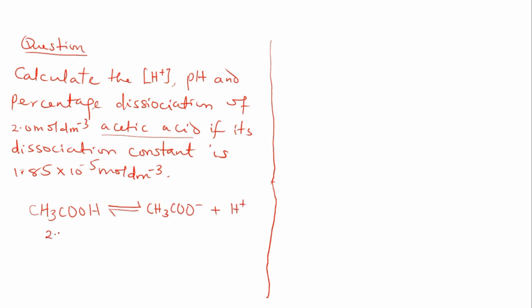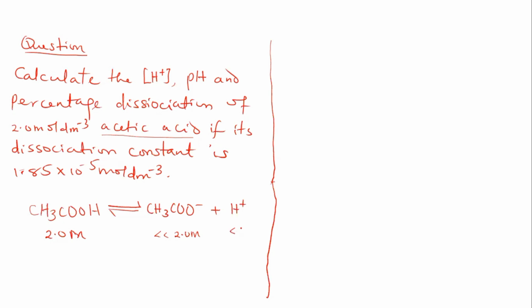Okay, now this one is 2.0 mole per dm cube. What I want you to know is that because it's a weak acid, this one is going to be less than, in fact far less than, 2.0 mole per dm cube.